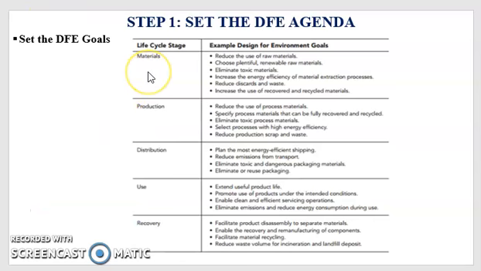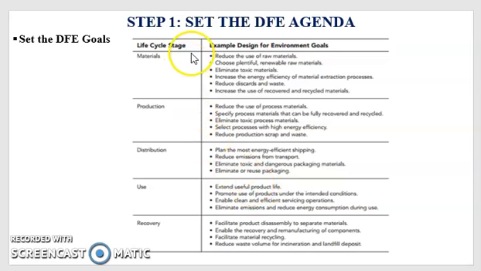Specific environmental goals may be set for every product during the planning phase. These goals allow the organization to become environmentally friendly in the long run. Some typical examples of DFE goals are listed over here.